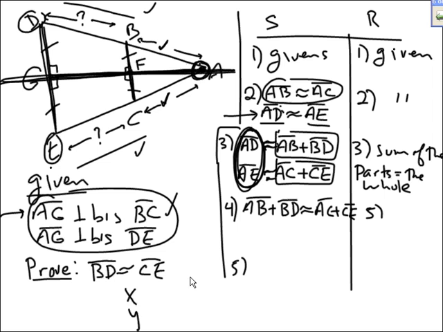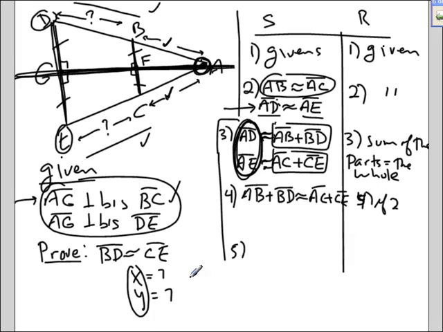If x and y, two quantities, both equal the number 7, you can conclude that x equals y. Okay, number 4. If two quantities equal a third quantity, then these two quantities are equal to one another.